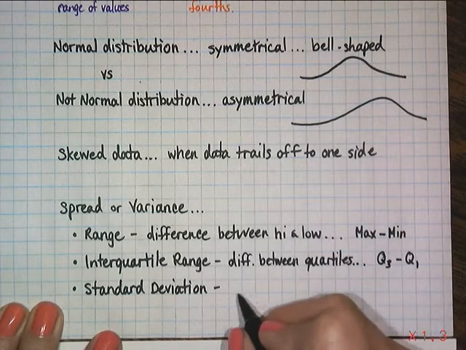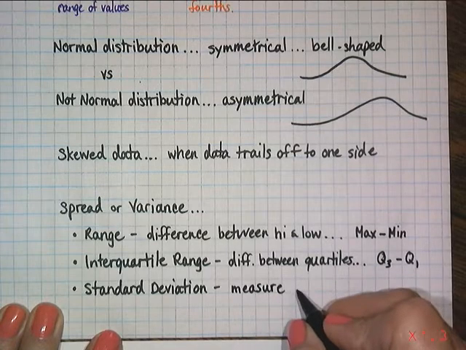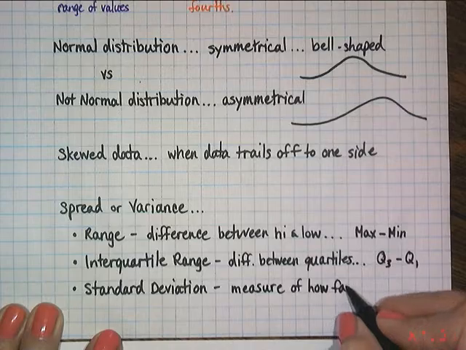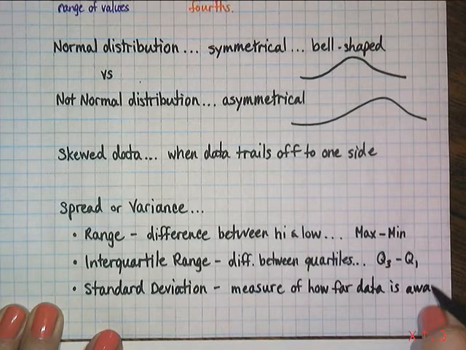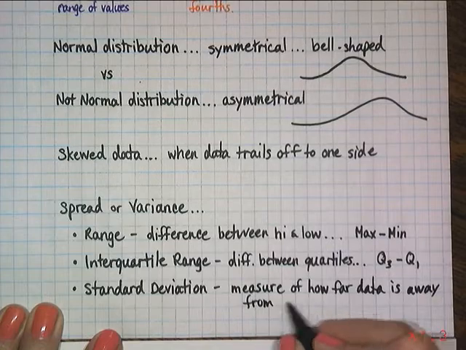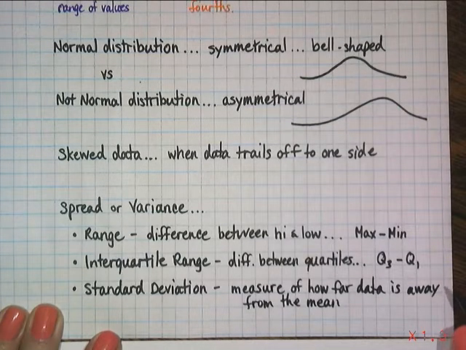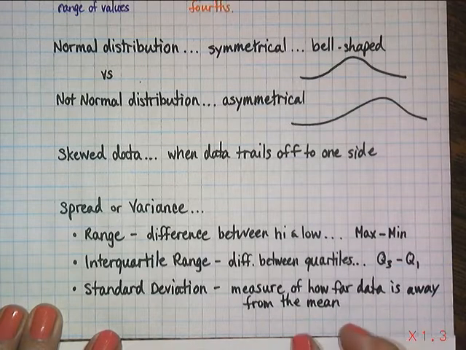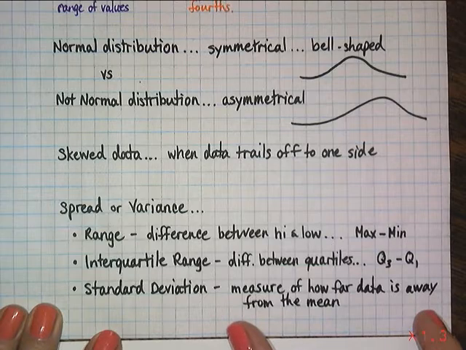Standard deviation is a value that shows how far data is away from the mean. So your data can be really close, clustered towards the mean, all tight, or it can be really spread out, in which case you'll have a larger range value.